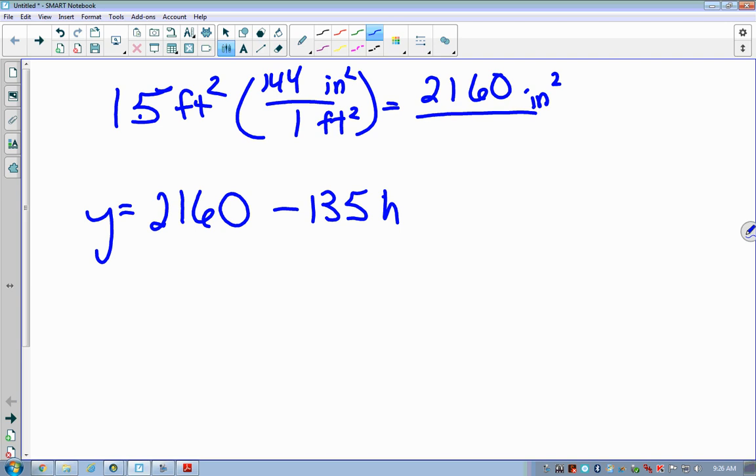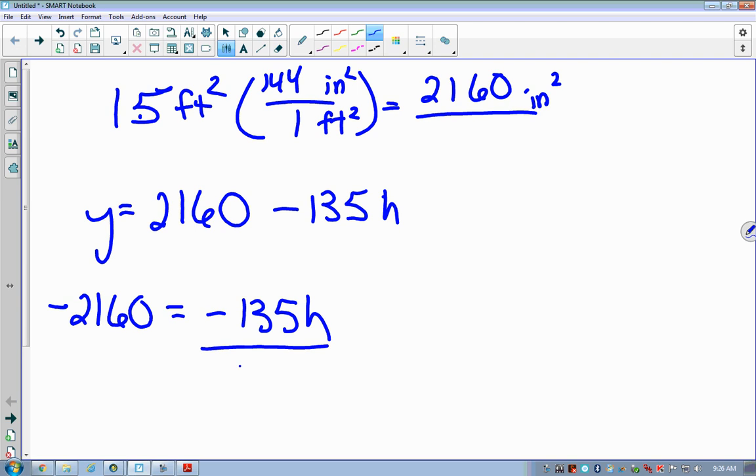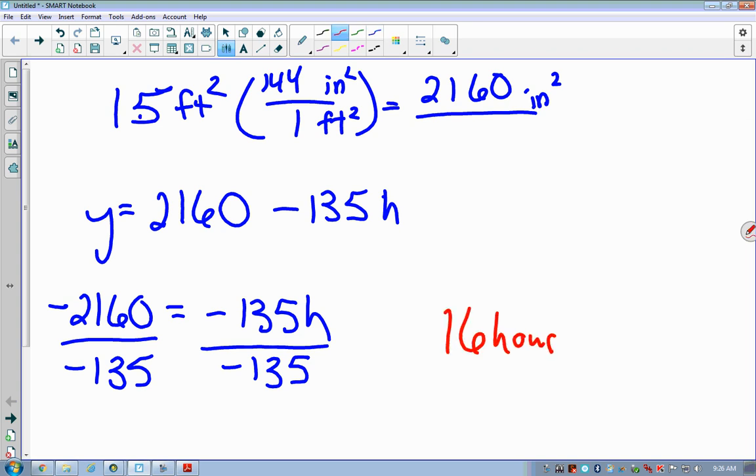I would subtract 2,160 to the other side. Okay, equals negative 135h. Divide by negative 135, correct? And because those are both negatives, I'm going to get a positive. What's 2,160 divided by 135? 16. Okay, so our answer is 16 hours.